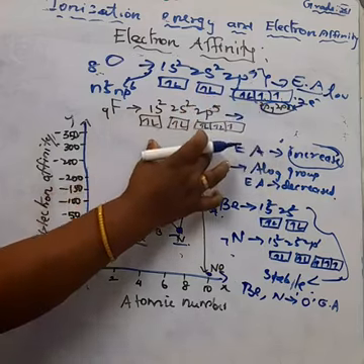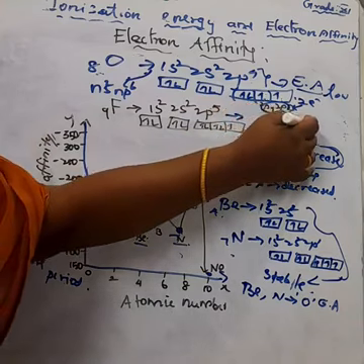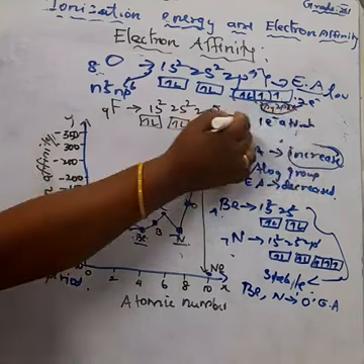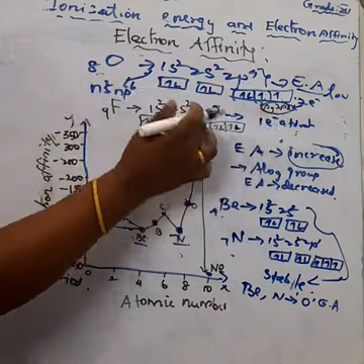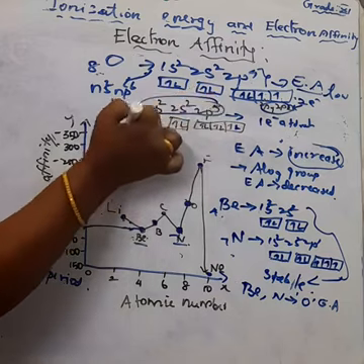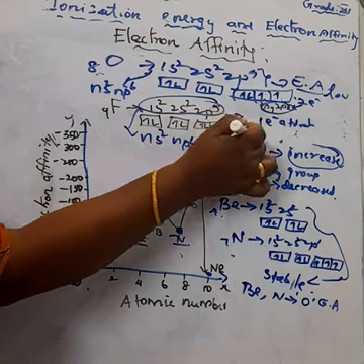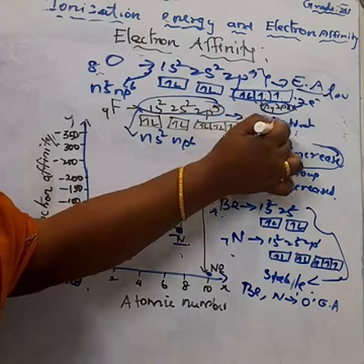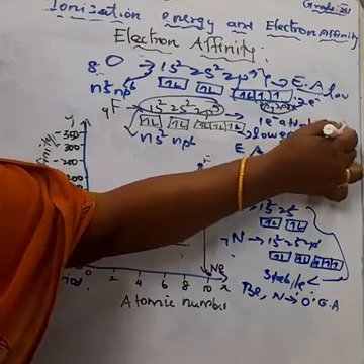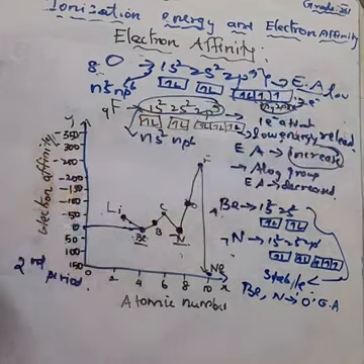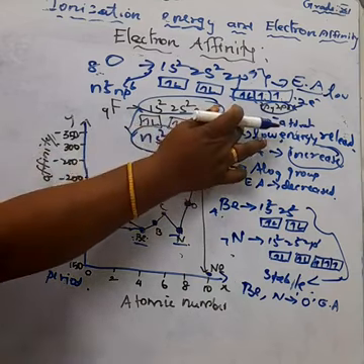So it always attracts one electron towards itself. When we are adding the electron, it is easy to accept, and because of this, it releases a small amount of energy. Understood the concept? When it gets one electron, it becomes the stable electronic configuration, the ns2 np6 configuration. Understood?